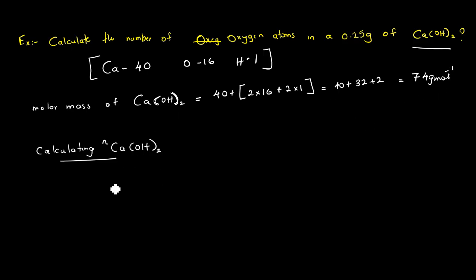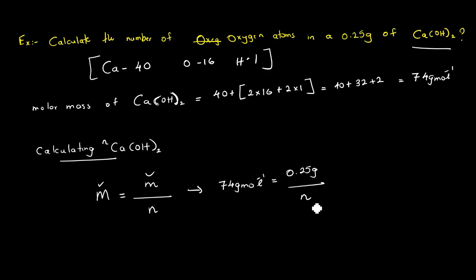Now based on the equation, the molar mass M equals the mass m over n, the moles. Now you know the molar mass, you know the mass, so you can substitute the values into this equation. Molar mass is 74 grams per mole equals the mass, 0.25 grams, over the moles, which we don't know.